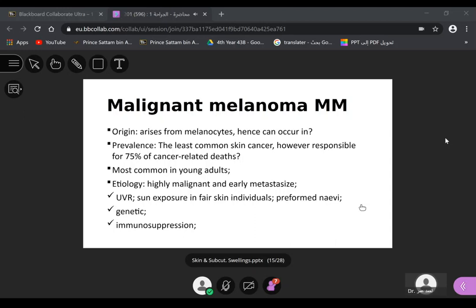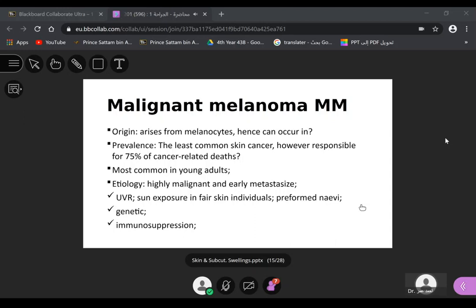Yes, we can conclude that it is a very aggressive tumor because it tends to metastasize very early, and sometimes at the time of diagnosis, the tumor has already metastasized to distant structures. It happens more commonly in young adults in comparison to the elderly and children.